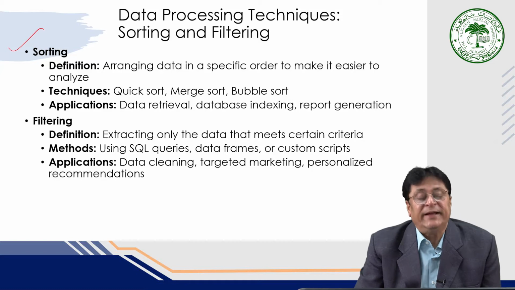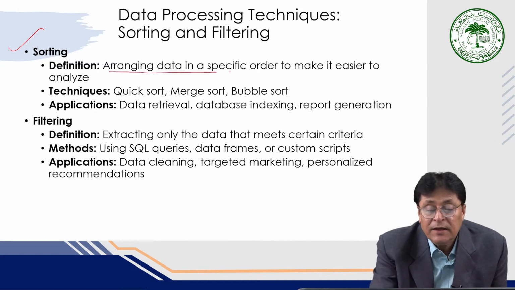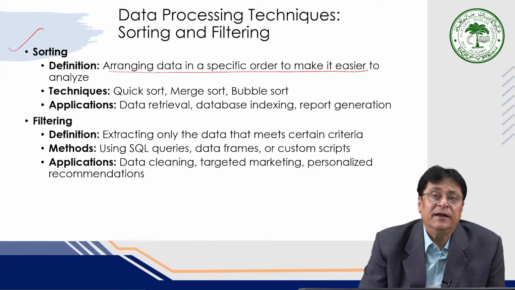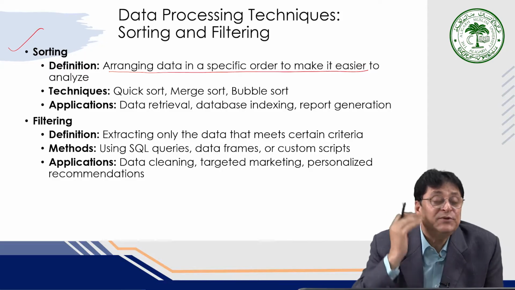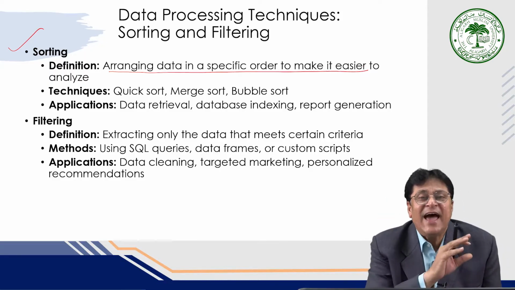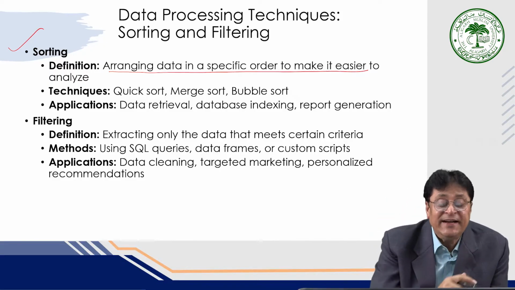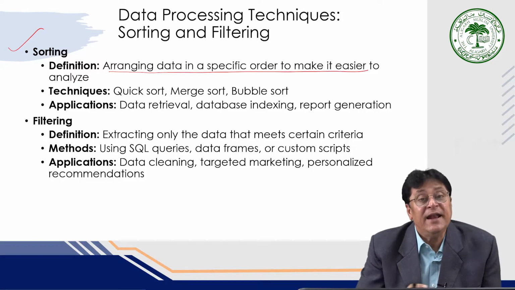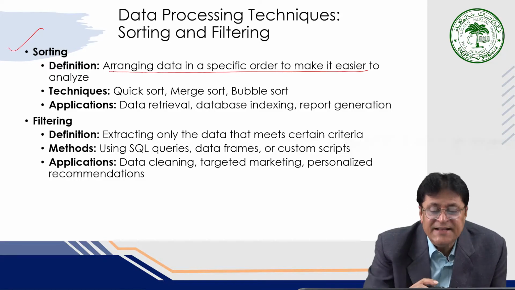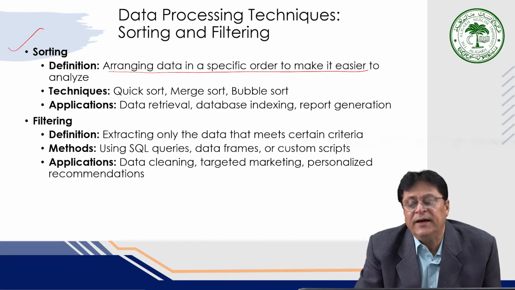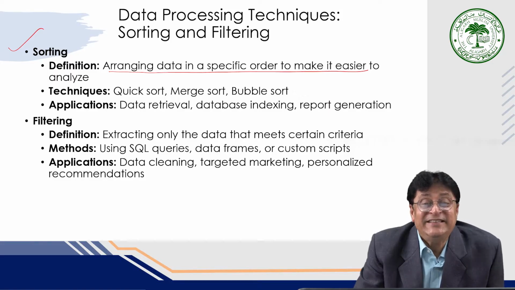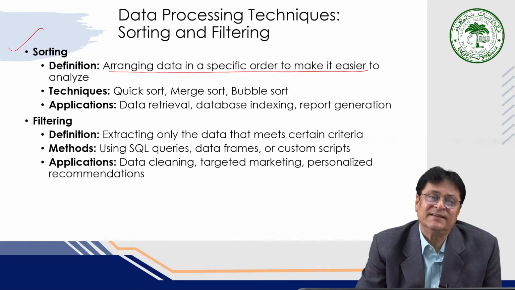We begin with sorting. What is sorting? Whenever we use the term sort, what comes to our mind naturally is arranging. So, when we sort data, we arrange the data in some order, right? So, arranging the data in a specific order in order to make it easier to analyze, right?